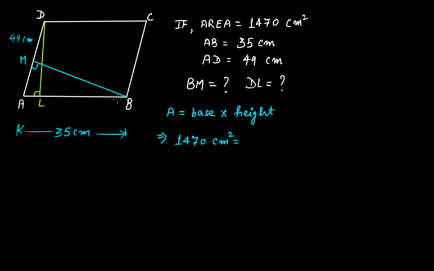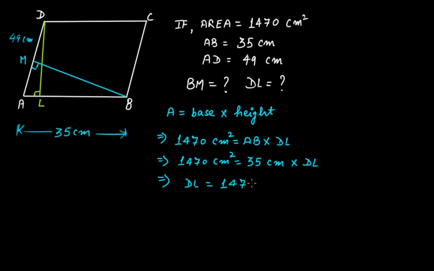So if we consider the base as AB times height as DL, the corresponding height, this gives you 1470 centimeters square. AB is 35 centimeter times DL, we have to calculate this value, DL. So you get DL as 1470 over 35 centimeter. Okay, now I'm leaving the division part for you. If you divide 1470 by 35, you'll get the size of this height. You can calculate that easily.